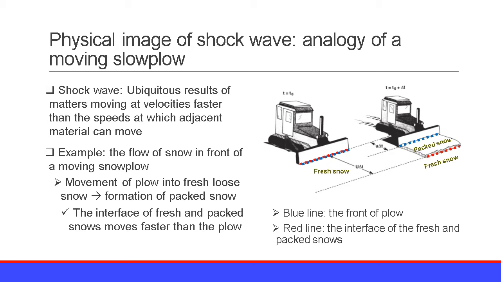Let us have a more concrete image about shock wave using analogies. A shock wave is a ubiquitous result of matter moving at velocities faster than the speed at which adjacent material can move. So the first example is the flow of snow in front of a moving snow plow. So this is a snow plow, and the snow plow pushing snow.